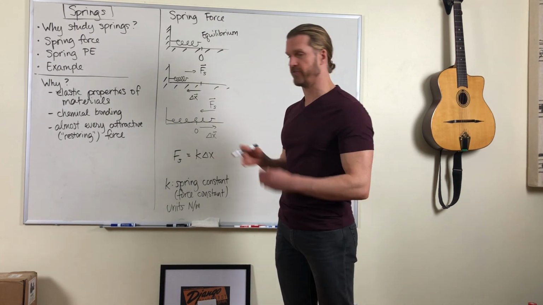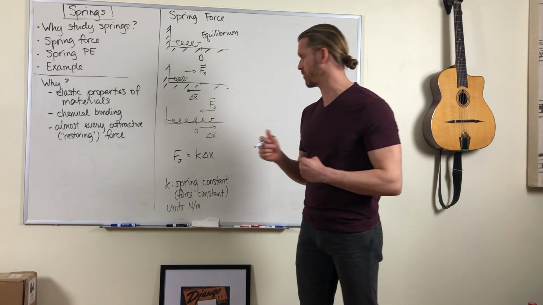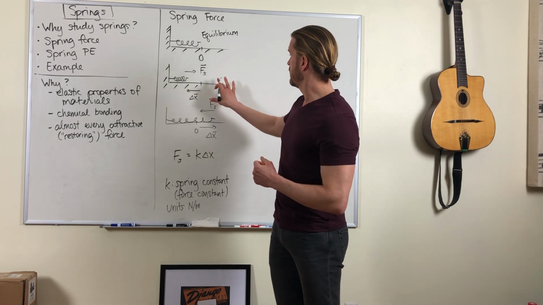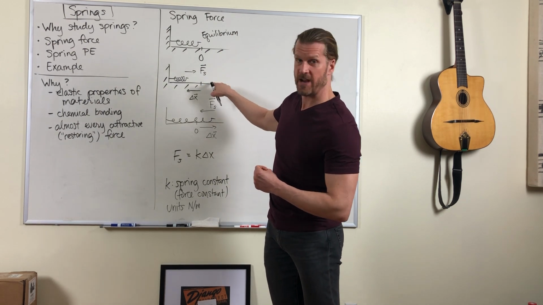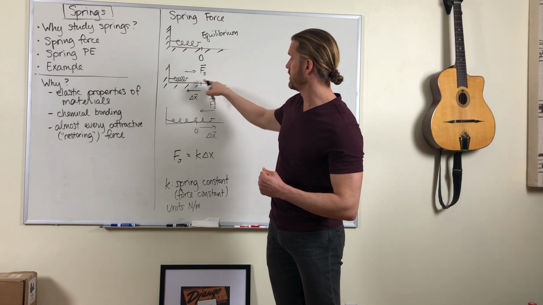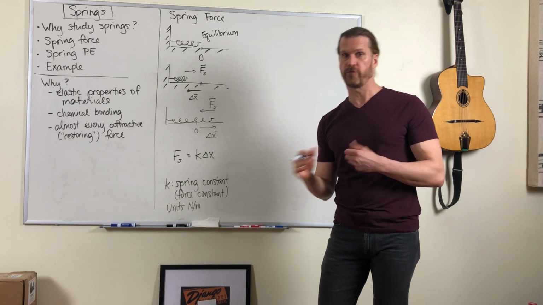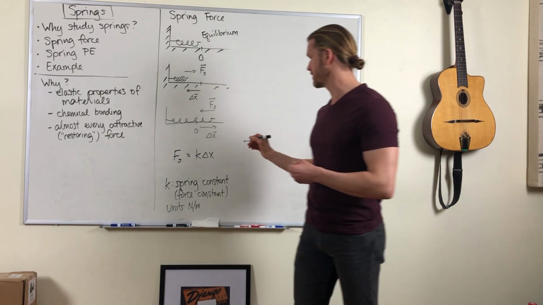It's proportional to how far you stretch or compress the spring. There's the constant of proportionality. And the direction, we can see from these sketches, the direction of the force opposes the direction of the displacement.